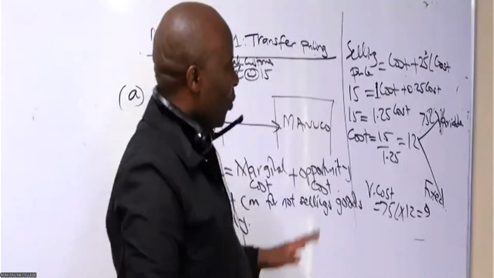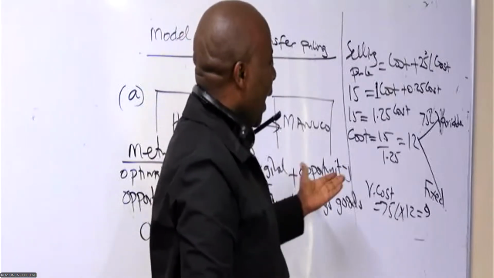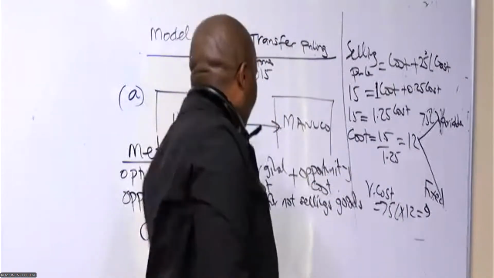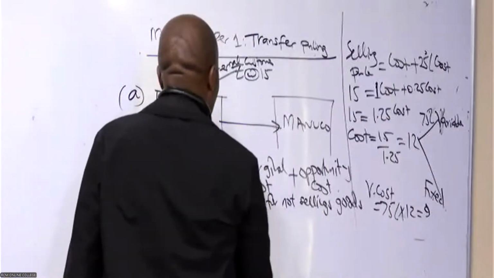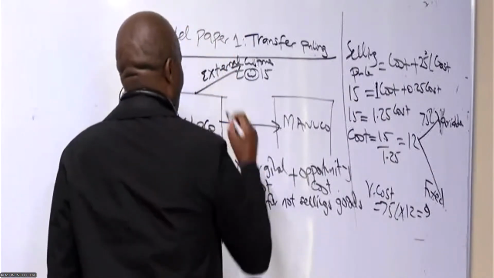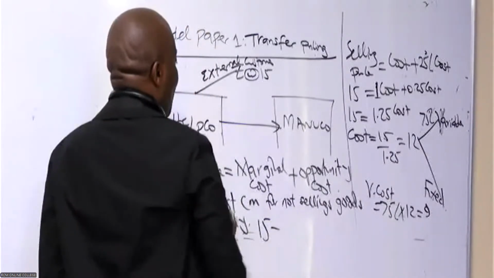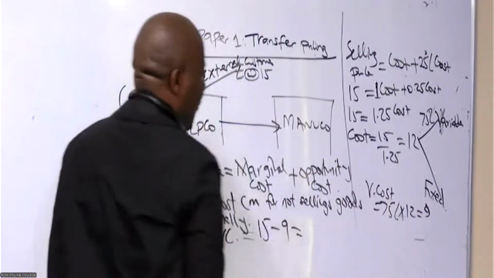So we know the variable cost is 9. Because I'm doing marginal costing, I don't need fixed cost. Now give me the contribution margin to be lost. When selling to external customers, we fetch a price of 15 versus our variable cost of 9.